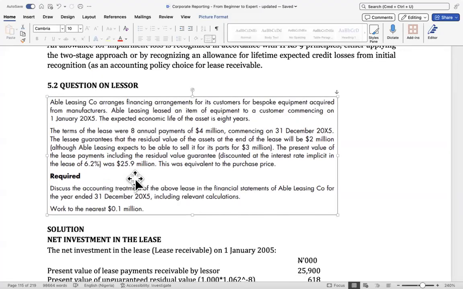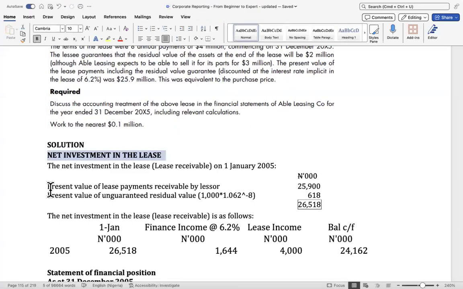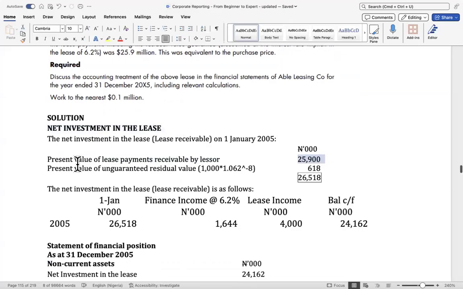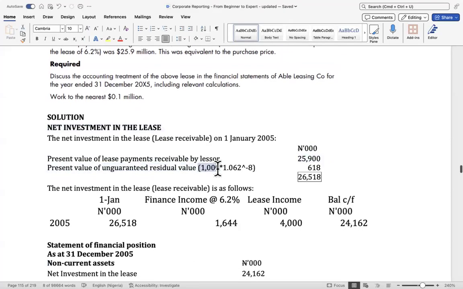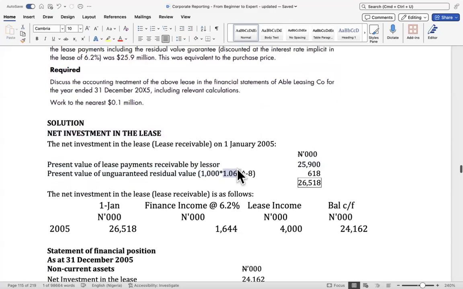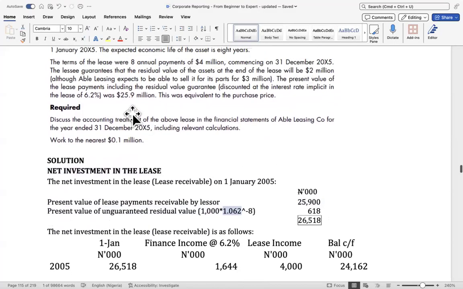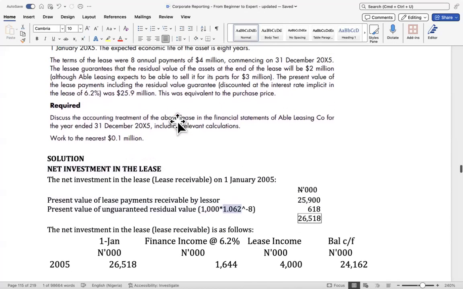Very straightforward. As far as the lessor is concerned, the first thing is the net investment in the lease, which is the PV of the lease payments receivable, 25.9 million as given in the question. Then we get the PV of the unguaranteed residual value, which is 1 million. I will discount that, where the discount rate, the interest rate implicit in the lease, is 6.2%.